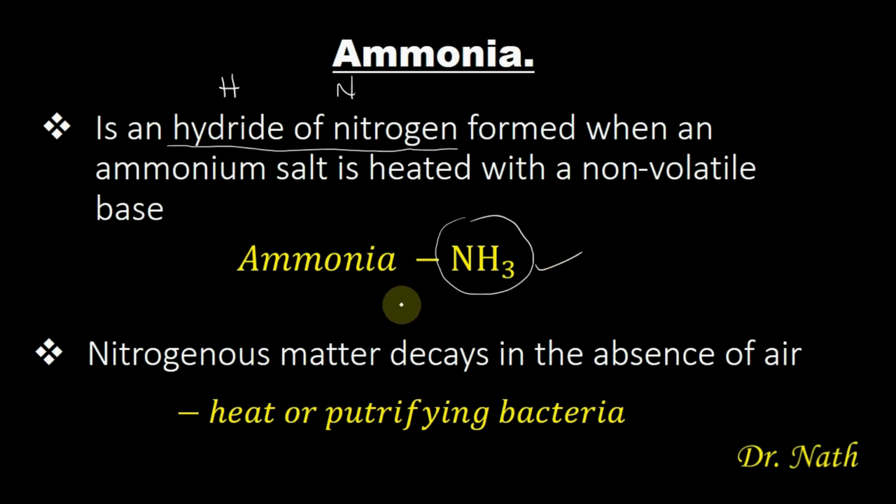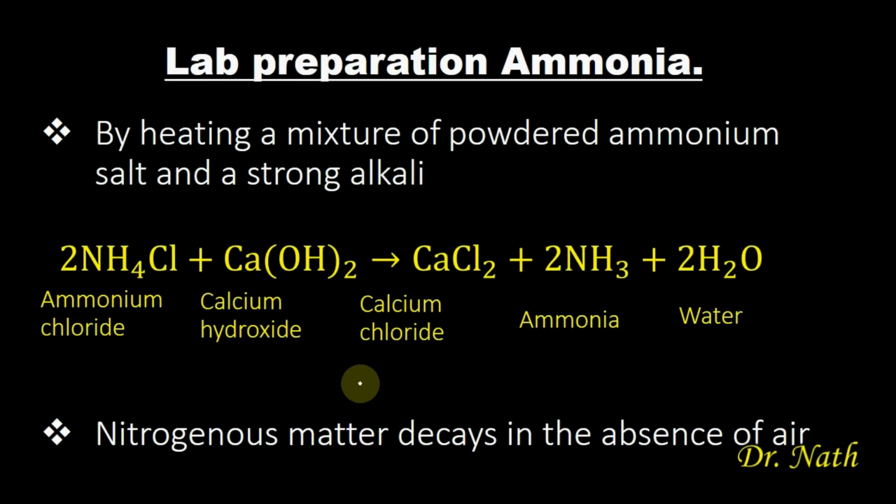So having known this, let's look at the laboratory preparation of this gas, ammonia. In the lab, ammonia is prepared by heating a mixture of powdered ammonium salt and a strong alkali.